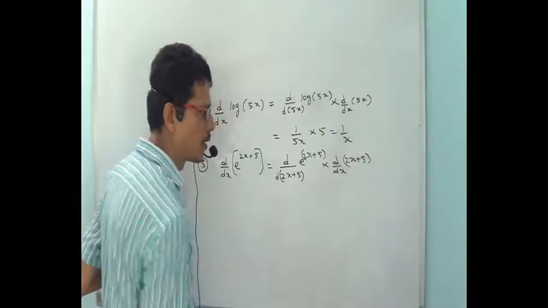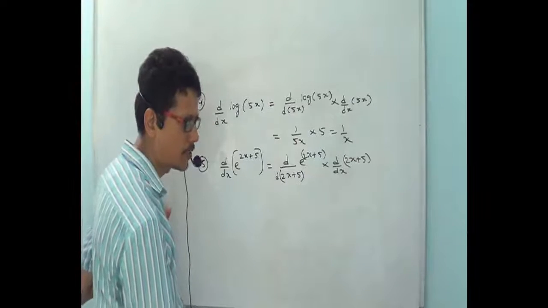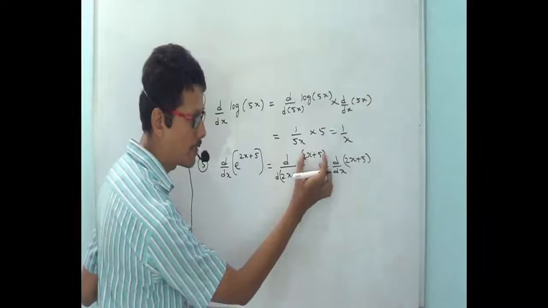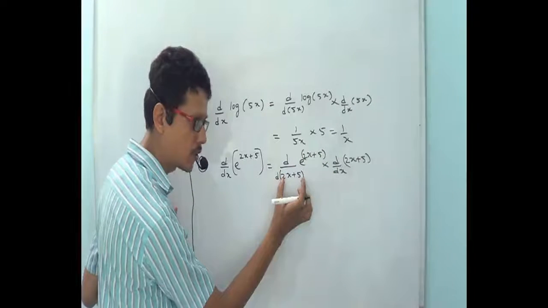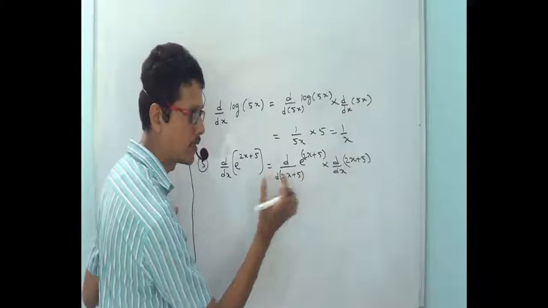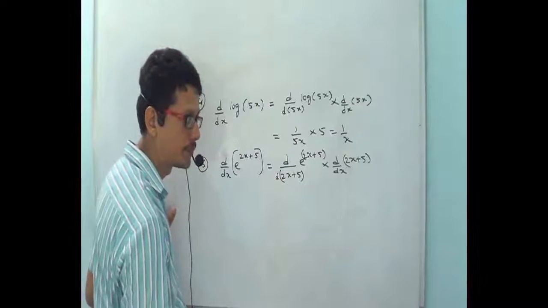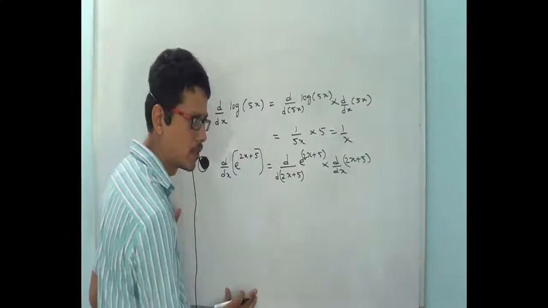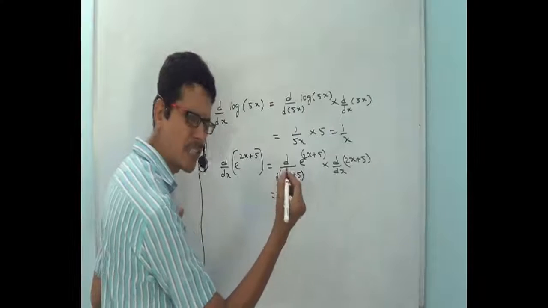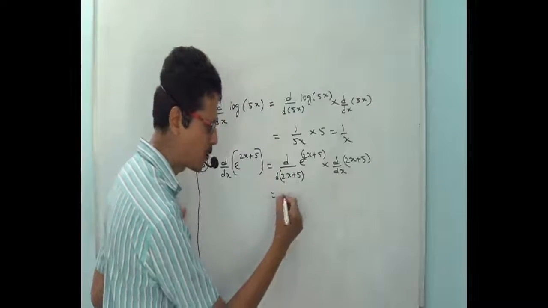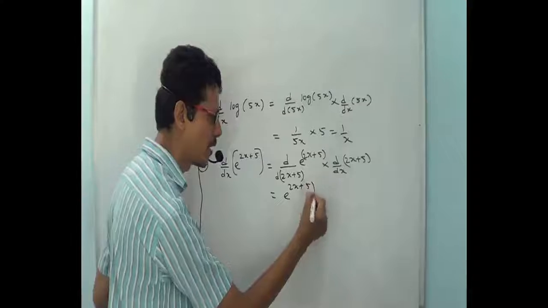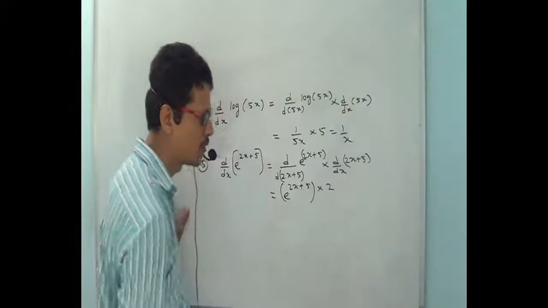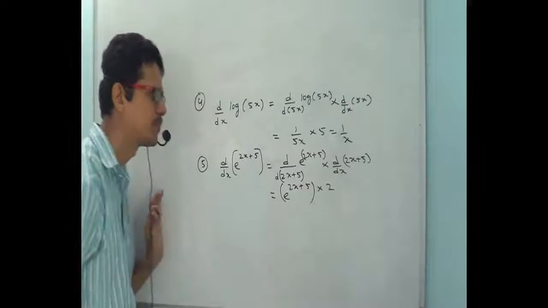If two functions are given, first you have to take this function as capital X, and this also capital X, d by d capital X. This is also capital X. Now what is the derivative of e power x? E power capital X is e power capital X only, so e power 2x plus 5. And now what is the derivative of this? 2, because the derivative of a constant is 0. Okay, note down this.